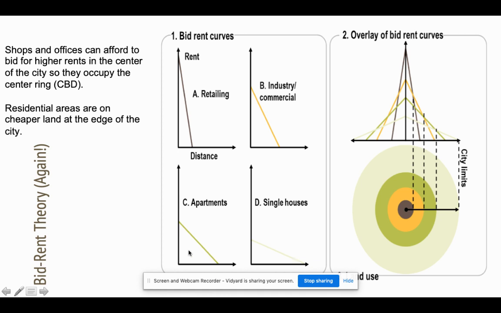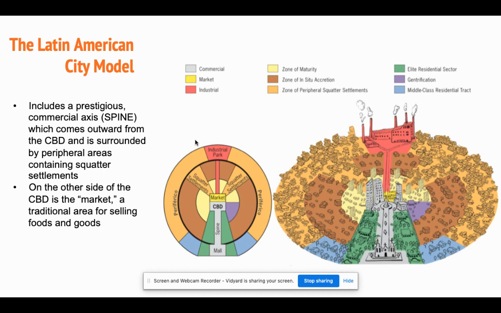Apartments, although they may not be all the time right in the middle of the center of the city, people can afford to live in apartments cheaper than they can to have a single family home closer to the city. Retail, you're going to see a lot of shops being in the central business district or closer to the city because those retailers can afford the rent to pay for those things. It's not like a housing rent. It's more of a rent I have to be located here to get people to come shop. So that's the bid rent theory applied to cities.